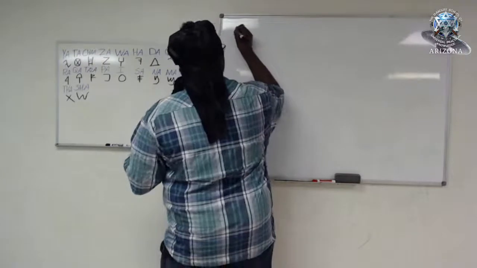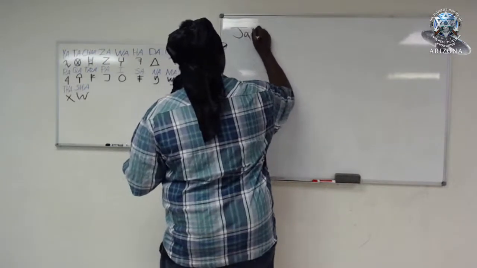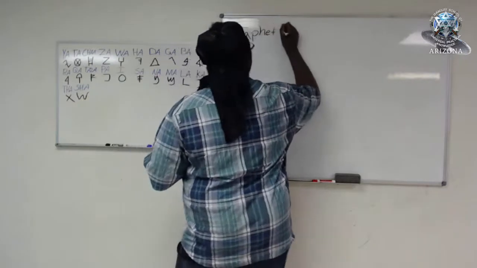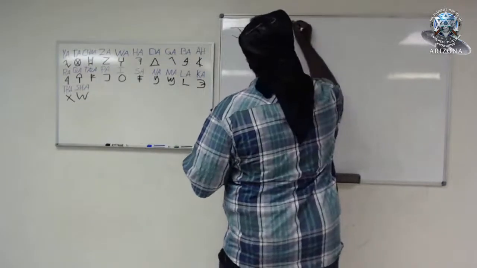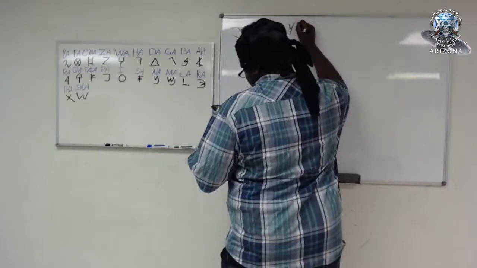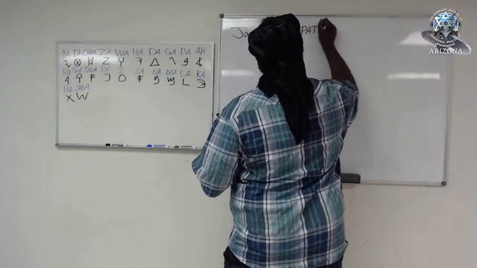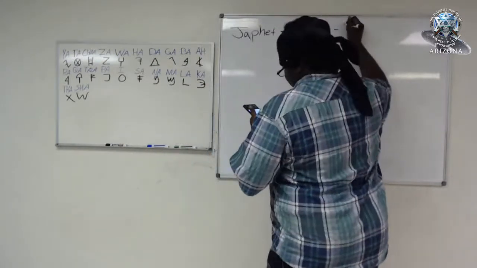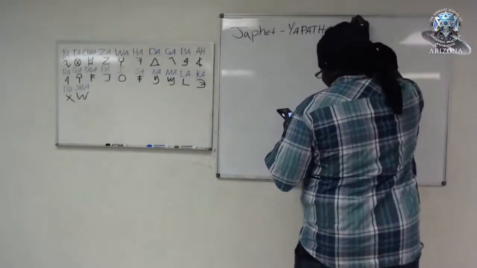Next up, we got Japheth, which in the Hebrew would be Yefet. These are the so-called Polynesians, right?